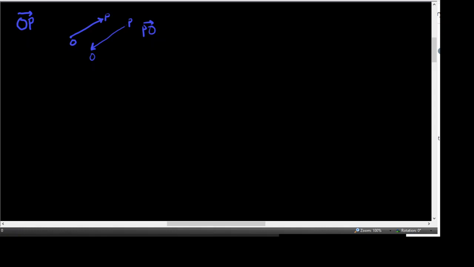Okay, so we're going to talk about vectors being equal, and they're equal if and only if they have exactly the same magnitude and direction.